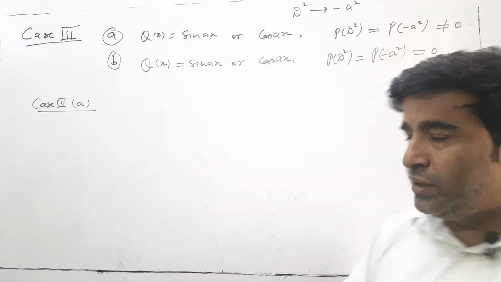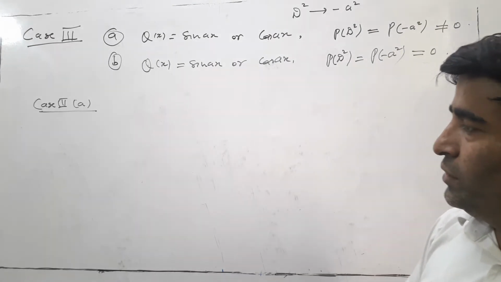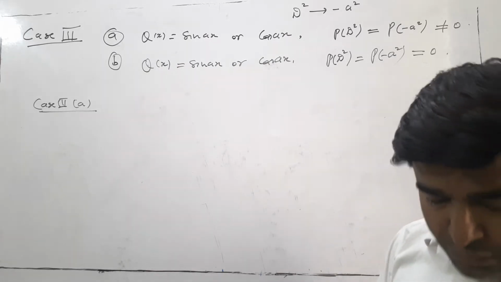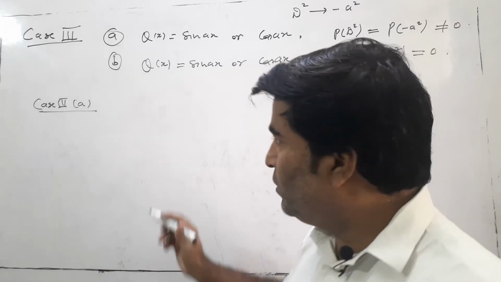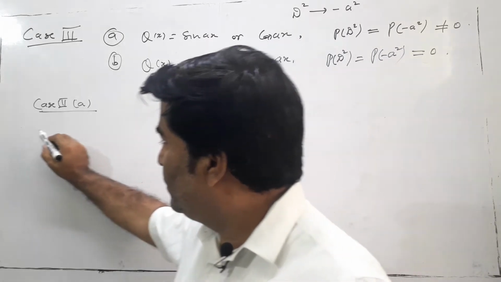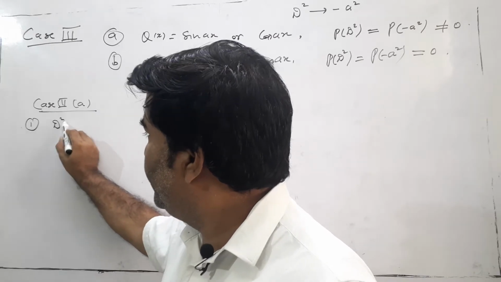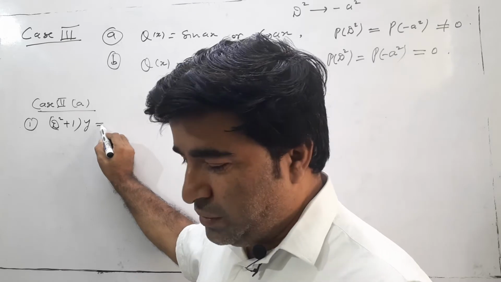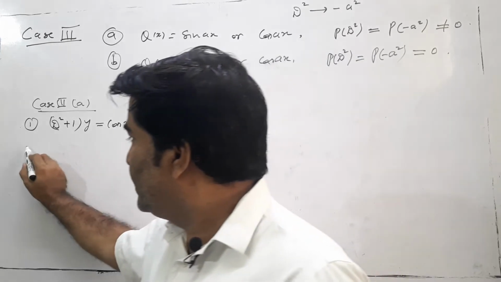So here we solve some differential equations. In this case we have some problems. Question number 1: (D square plus 1) y is equal to cos 2x.